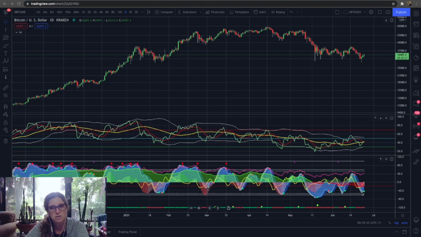This is telling you that this is a potential long. But the signals down here are more powerful. The green dots down here are more powerful than the green dots that appear in the waves. These are basically telling you that the white is crossing the blue. When it crosses back down to the downside, you get a red dot.